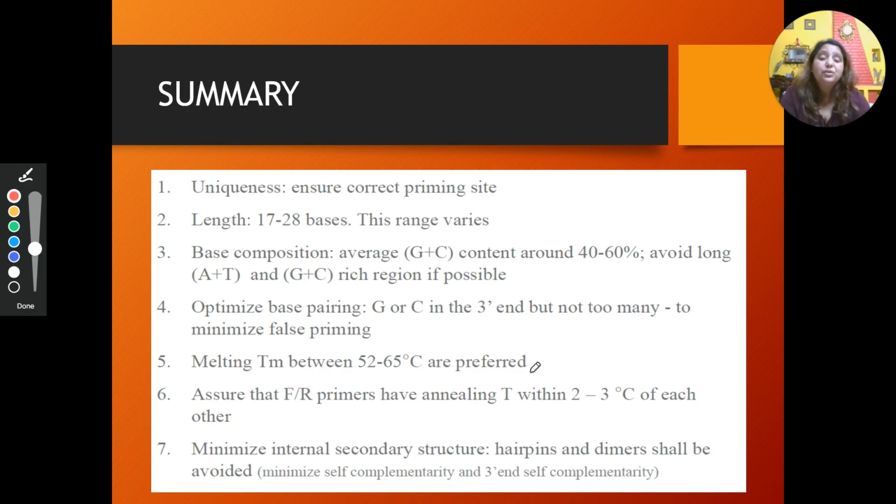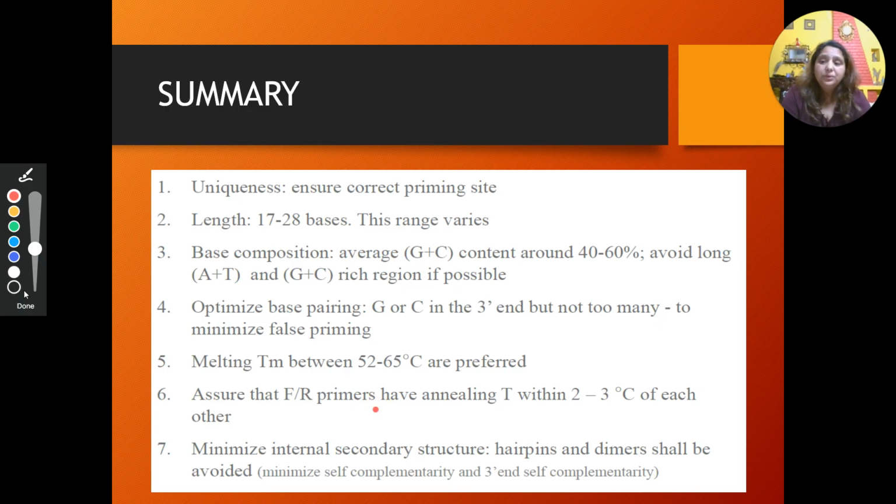And another important point is that the annealing temperature of the primer should be ideal, again between 50 to 65 degrees Celsius, and in such a manner that the secondary structures are minimum. So hairpin loops, dimers, self-dimers should be minimum, or rather they should be avoided during the PCR reactions.